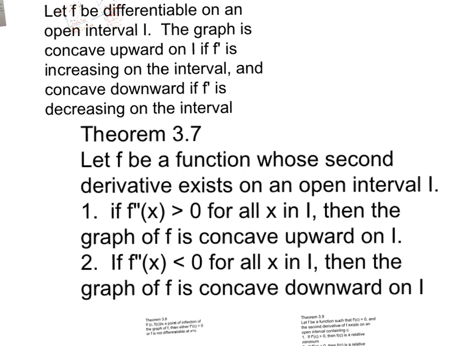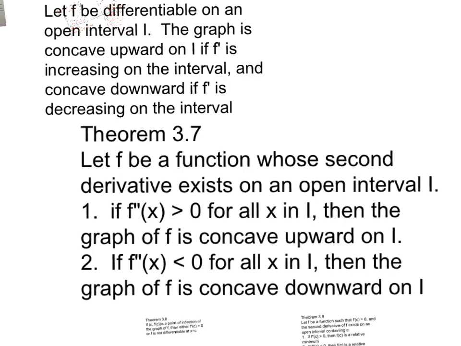If f is a function whose second derivative exists on the open interval, you have to have a second derivative. Can you think of an instance when you might not have a second derivative? When the first derivative is constant? If your function's a constant. Anything else? Well, that doesn't necessarily mean the second derivative doesn't exist.